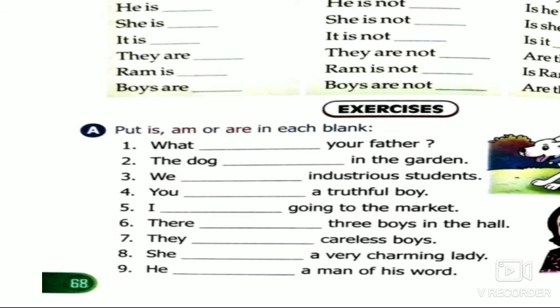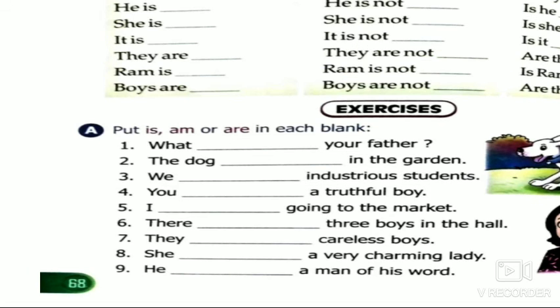Number 4, you is also plural, so you should use are. You are a truthful boy. I am going to the market. There are 3 boys in the hall. They are careless boys. She is singular, so you should use is. She is a very charming lady. Number 9, he is a man of his word.